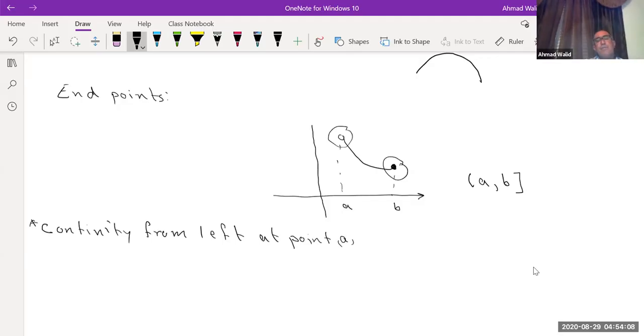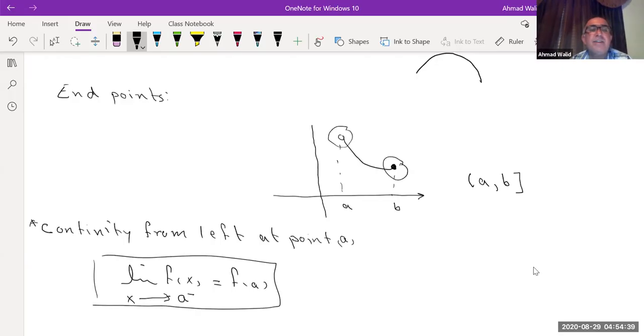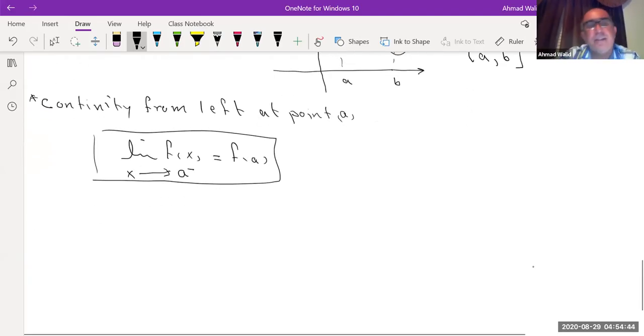At point A, what is the condition? If the limit of f of x as x approaches A from the left, because I told you continuity from the left, is equal to f of a, then your function is continuous at the endpoint from the left.